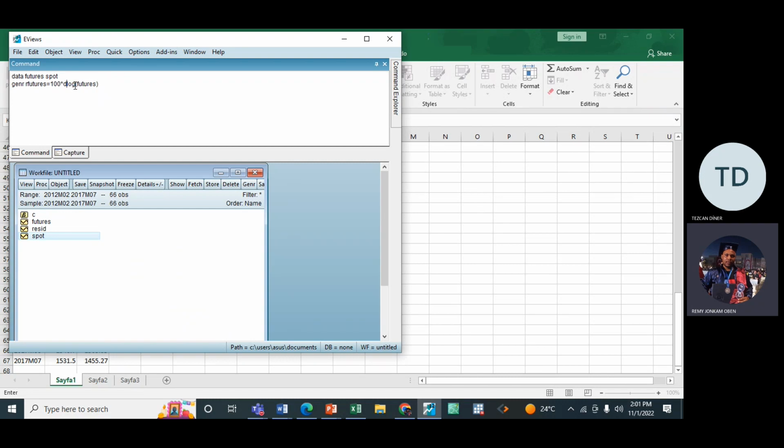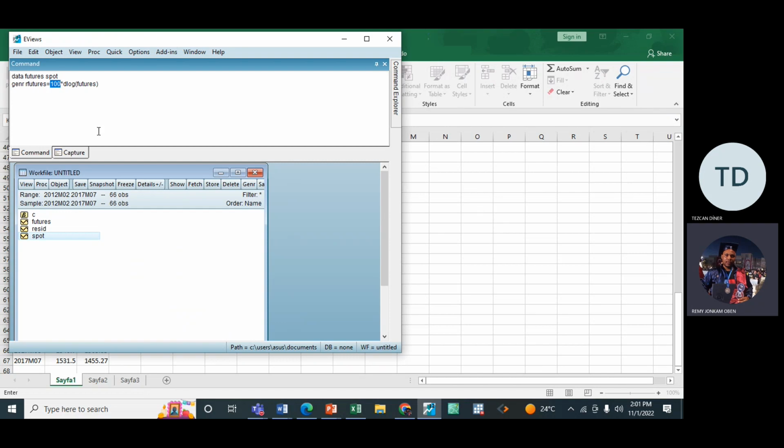First of all, I'll get the logarithm of the futures. After getting the logs, I'll get the first difference. This stands for first difference. And then later, I'll multiply everything by 100 because I want it to be in percentage. If you multiply by 100, you get percentage, right?